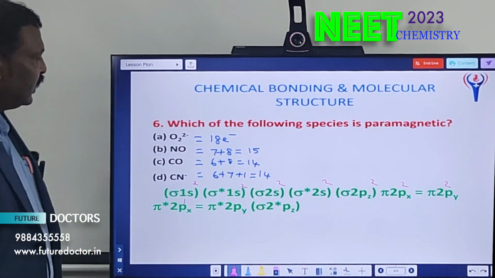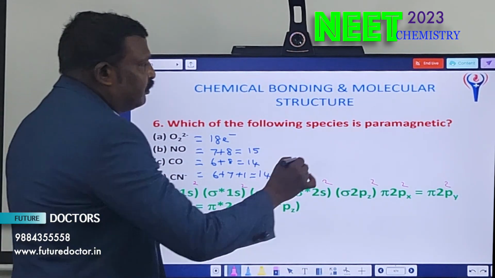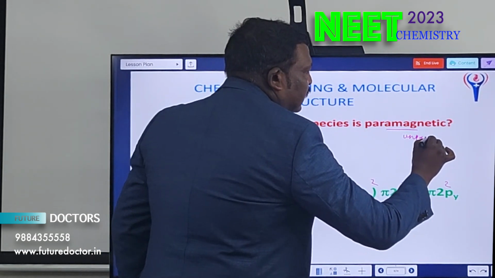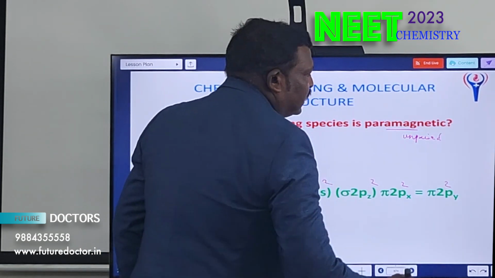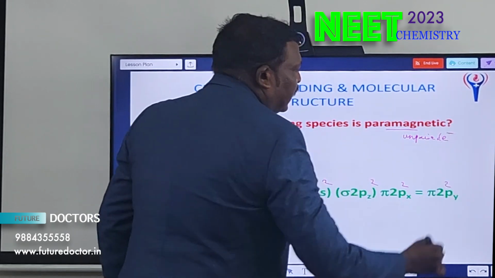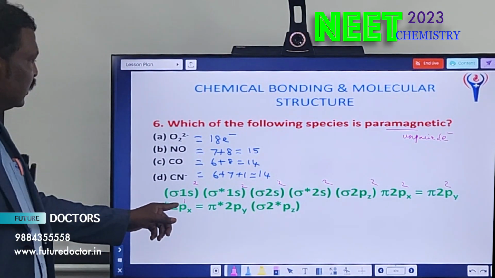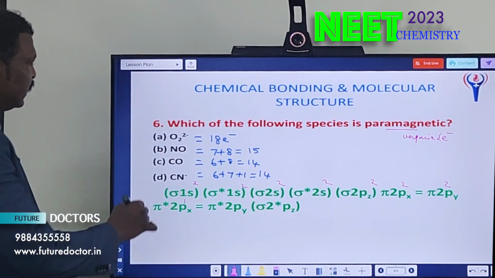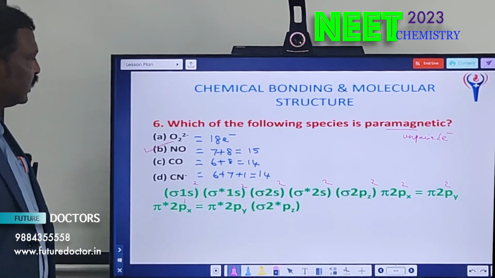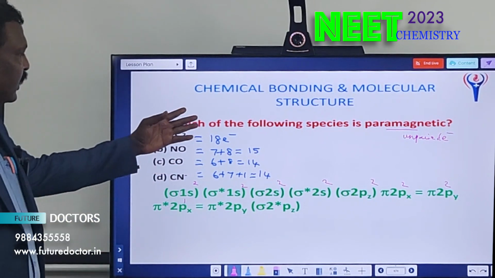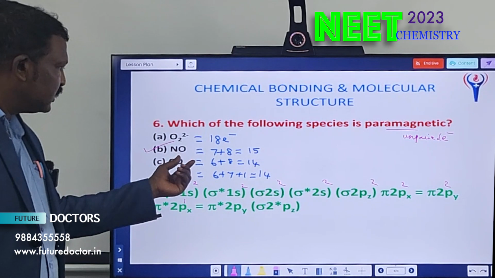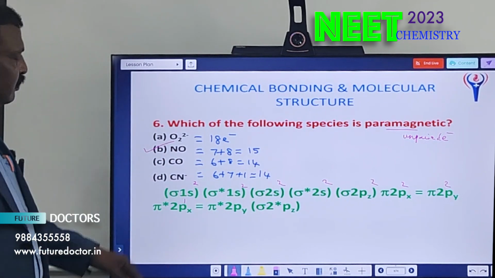If you have any single electron in the orbitals, that is called paramagnetic. Automatically we can say NO is having that single electron. So NO is the correct one. If you fill up all the others, we don't have unpaired electrons. So answer B is the correct one.